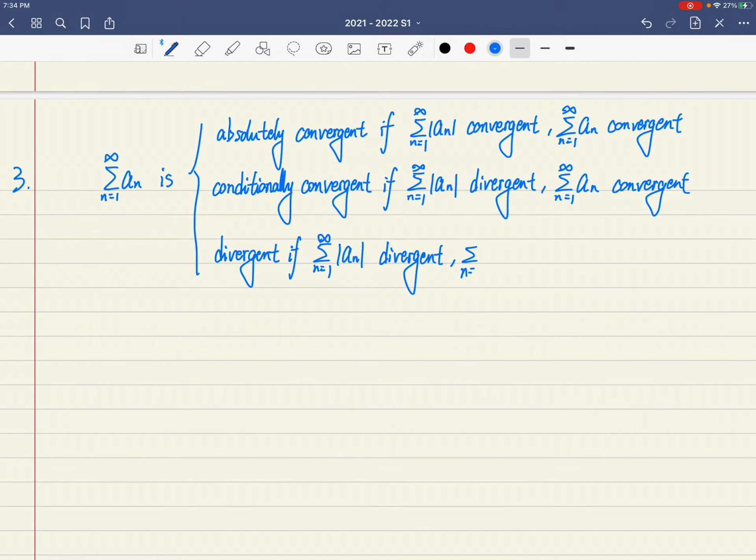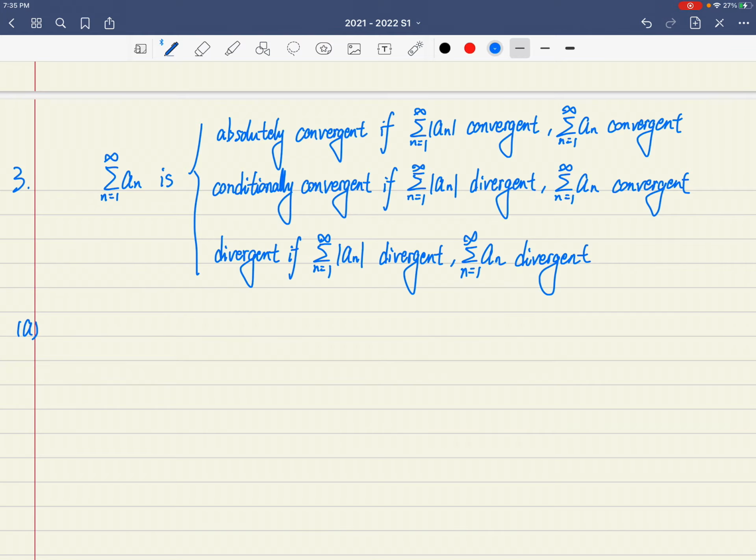Actually, if the series itself is divergent, then its absolute series is automatically divergent.